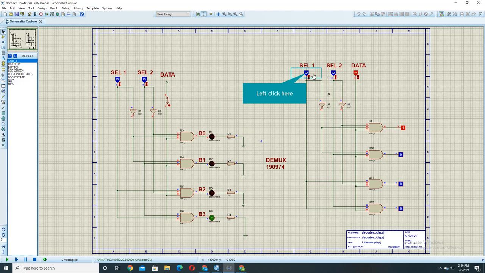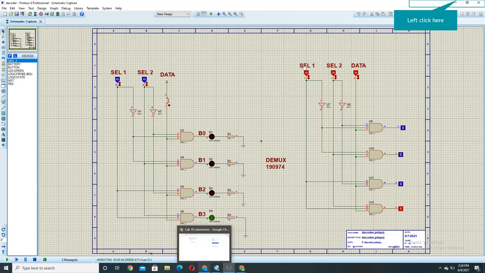If selection line 1 is 1, then selection line C is positive. Then if selection line 2 is positive, then selection B is 1. So this is also our circuit, that if both are 1, then D is 1. So this also implements our circuit of the DEMUX. That is, we have two selection lines, one data, and 4 outputs.